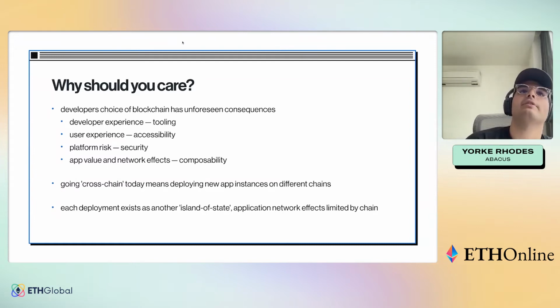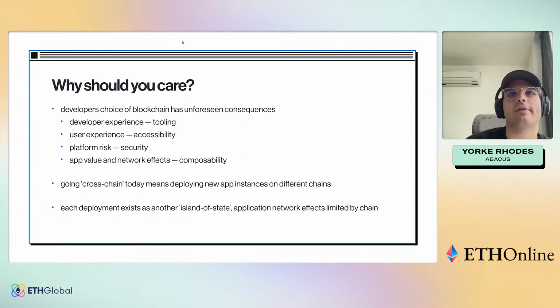Recently we've seen a lot of application developers deciding to go cross-chain. This is an attempt to solve some of the aforementioned consequences of being deployed on a single chain.